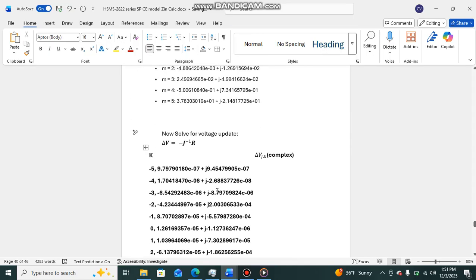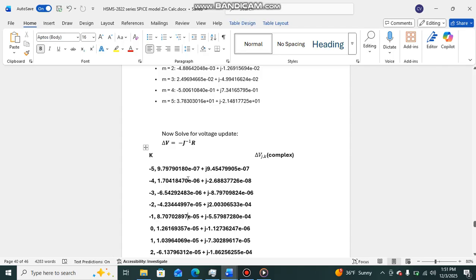Now solve for voltage update. We found the Jacobian, and all we have to do is take the inverse of the Jacobian, multiply by -1, and then multiply by the residual vector. So we have our residuals and our Jacobian.